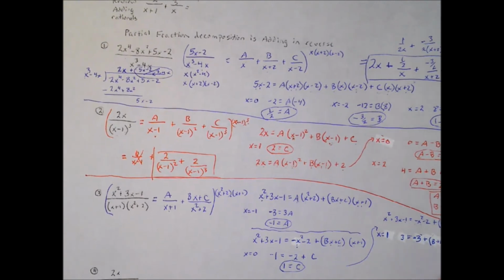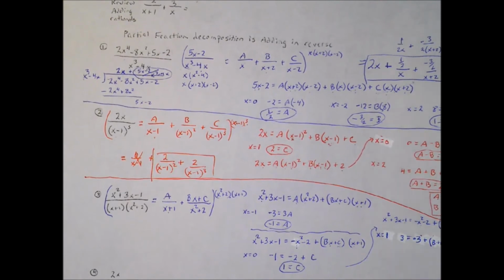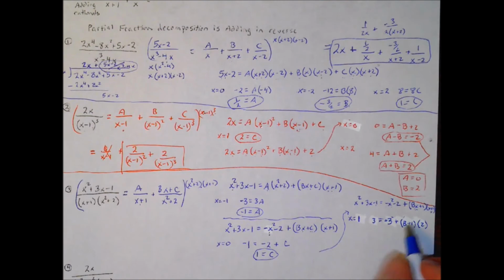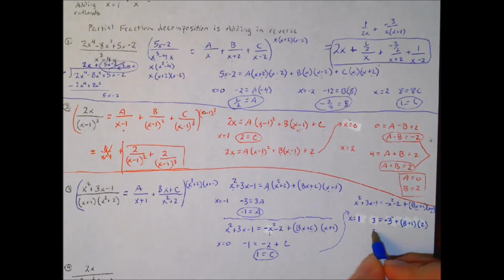Okay, so now I'm down to one variable here. Like I said, I could have used any number at all to plug in. So when I solve this, add that 3 over, I get 6. Distribute that through is 2b plus 2. And subtract the 2, you get 4. Divide by 2, you get 2.